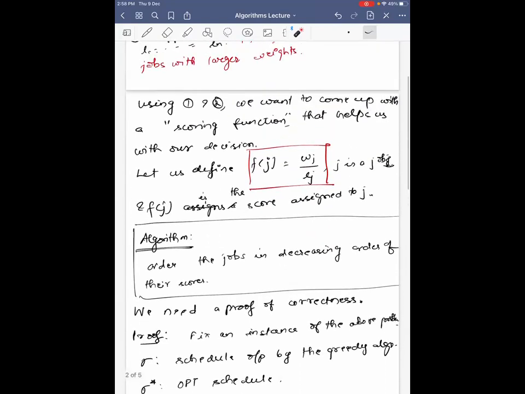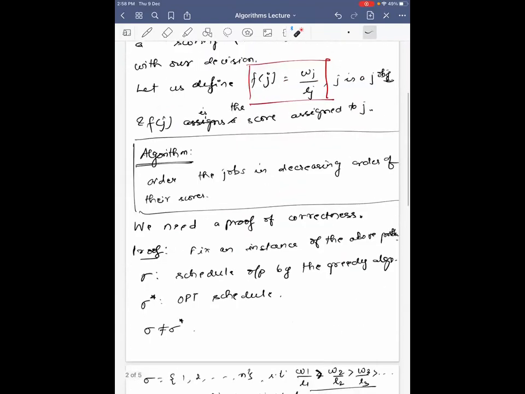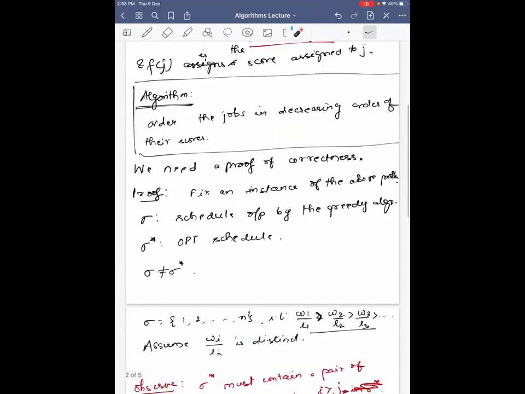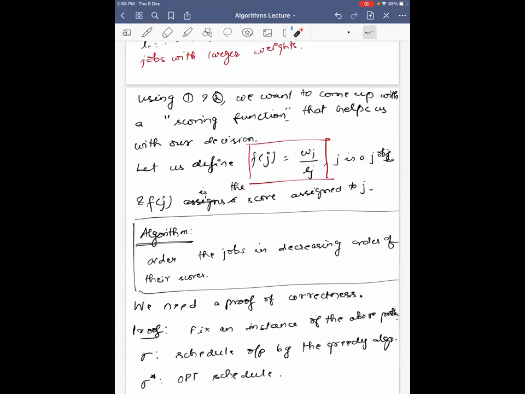If we take wi square by li square as one of the possible heuristics, then we have to prove it. You might have also taken wj minus lj.